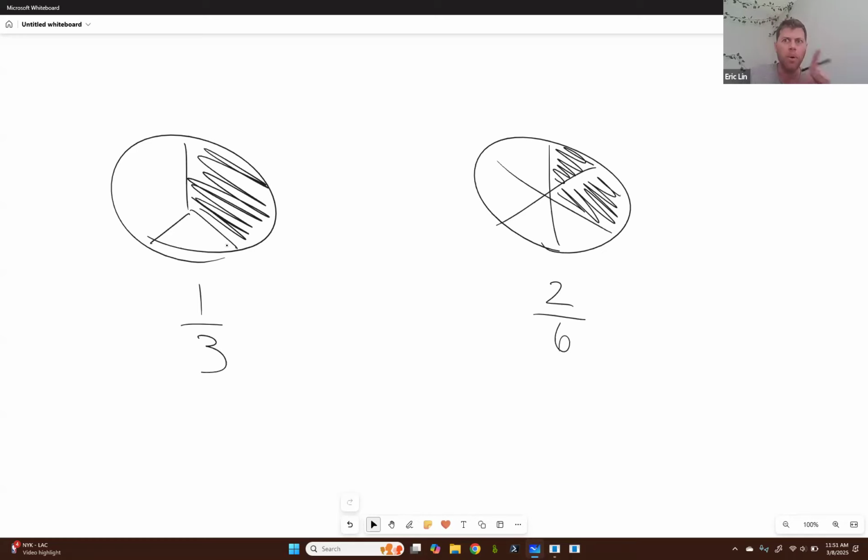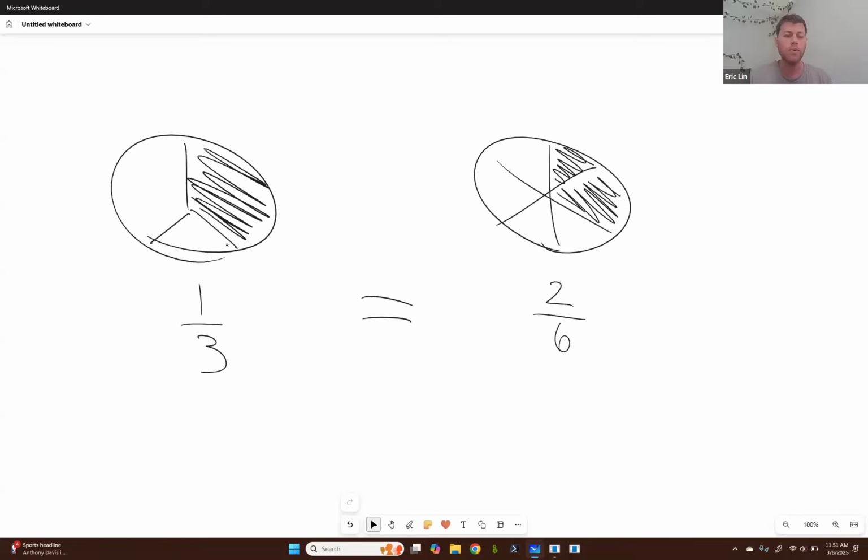Notice that both circles have the same amount shaded, even though one is split into 6 and has 2 pieces shaded, and 1/3 is cut into 3 pieces and has 1 of those pieces shaded. They both have the same overall amount of the circle shaded. 1/3 and 2/6 are equal to each other. They represent the same amount of stuff.